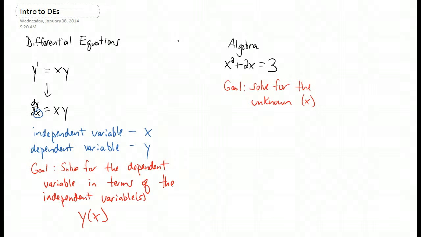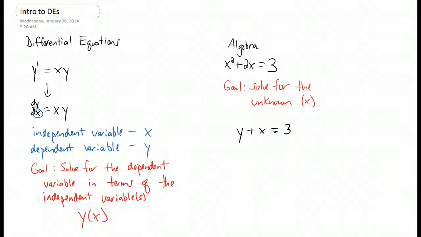Just as a sort of a side note, in algebra you often have equations that have two variables in them as well. And it's not always clear, unless you're given instructions, what you're supposed to do with this. Are you supposed to solve for y maybe, get y by itself? Are you supposed to get x by itself? Maybe we're supposed to graph this thing in two dimensions. It's not always clear what you're supposed to do here.